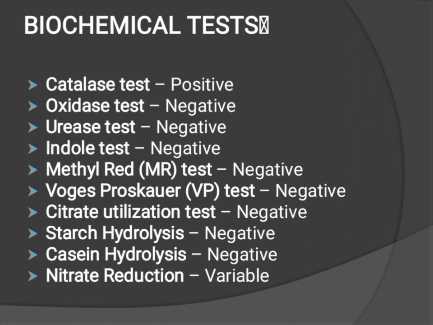Biochemical tests: catalase test positive, oxidase test negative, urease test negative, indole test negative, methyl red or MR test negative, VP test negative, citrate utilization test negative, starch hydrolysis negative, casein hydrolysis negative. Nitrate reduction may be variable.